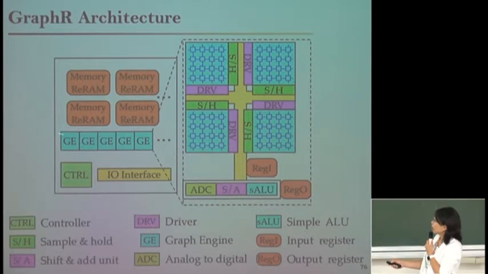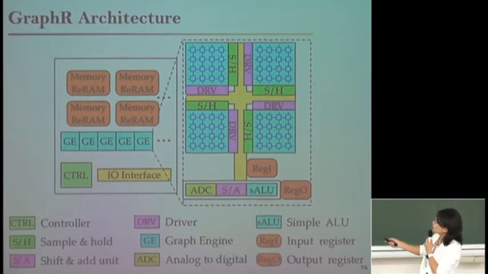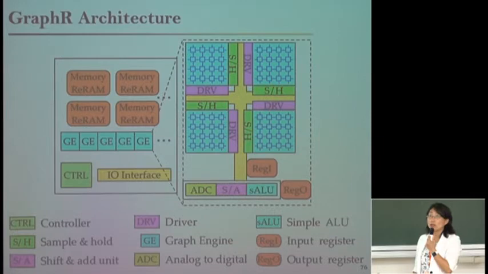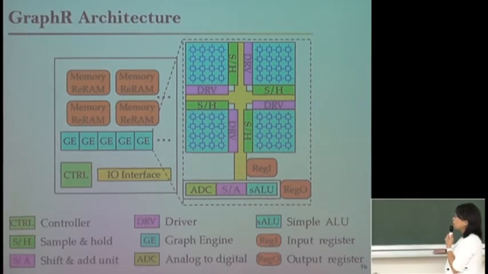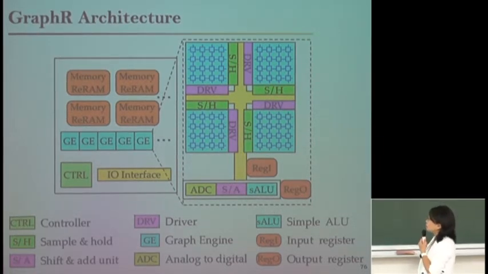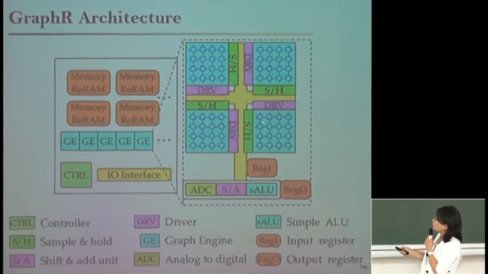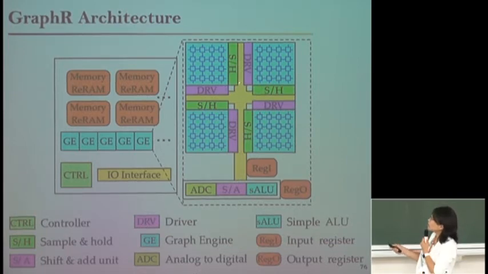We also have GEs, which represent graph engines, many GEs. Each GE is formed by a group of memristor crossbar arrays. The crossbar arrays have a controller for sure, and a driver to drive the crossbar arrays, and sample and hold.